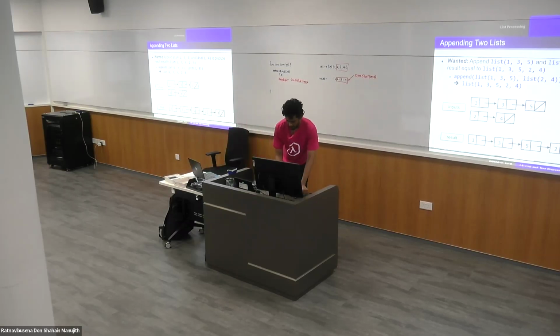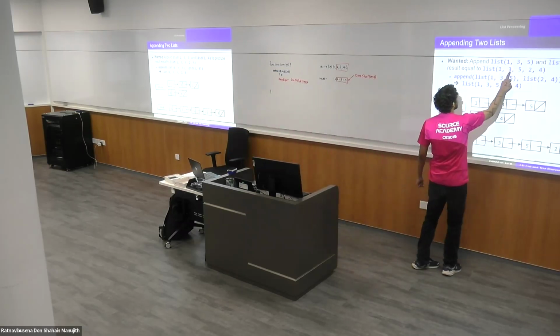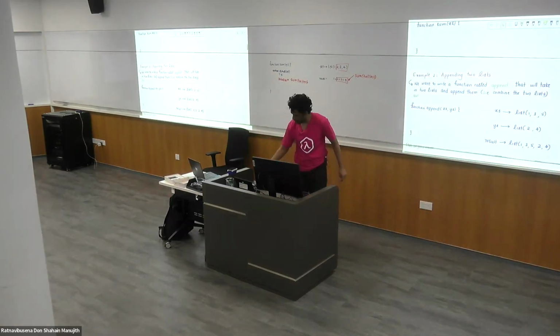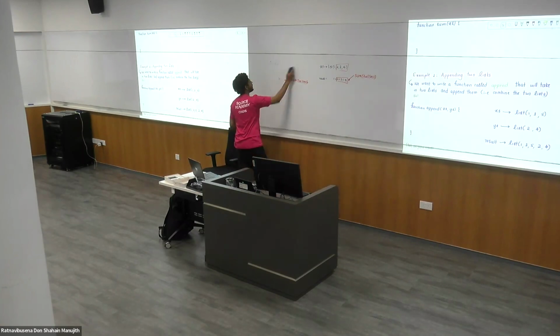Okay, so we want to append two lists together, right? So if you have list 1 3 5 and list 2 4, we append them to get list 1 3 5 2 4. All right, good. I hope this is okay. This is pretty easy. Now let's go to the next one.